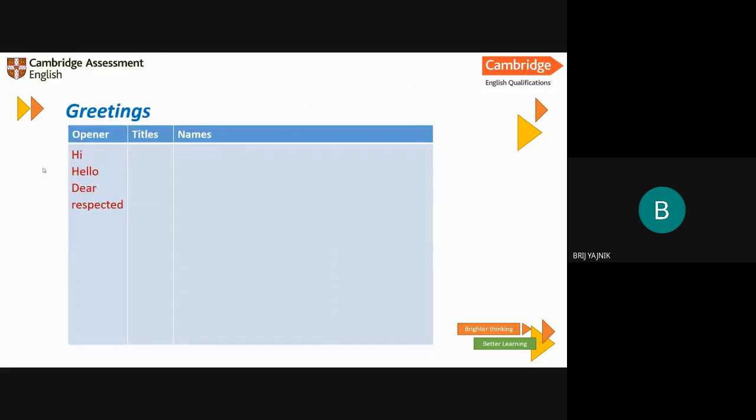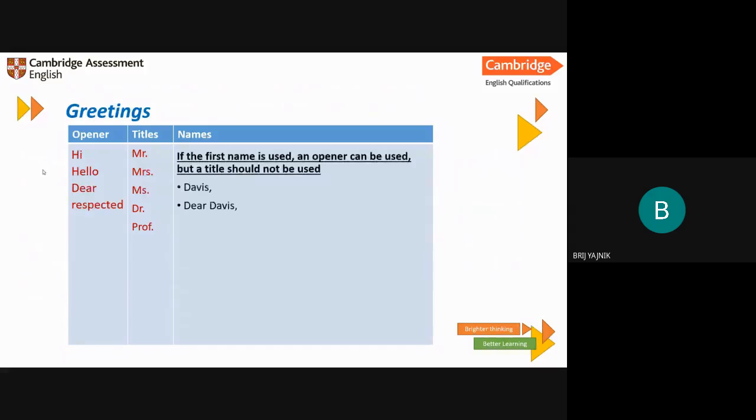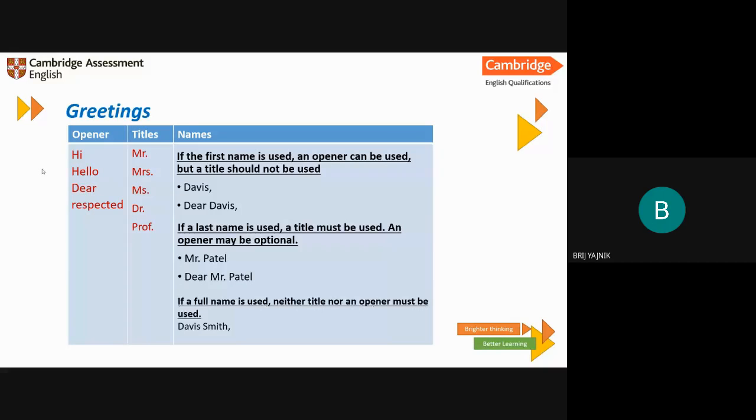We have openers, we have titles, and we have 3 rules for them: when we can use an opener, when we cannot, when we can use titles, and when we cannot. We understood that an opener can always be used with the first name. The title can always be used with the last name. Another option with the last name is to use the opener and the title together.